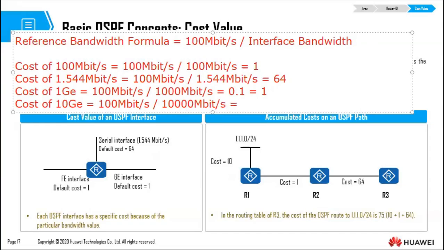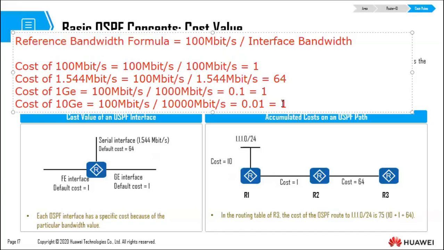So this is going to be 0.01, which again is going to have a cost of 1. Is that clear? So this is what we call the reference bandwidth formula. It's used to calculate the OSPF cost.